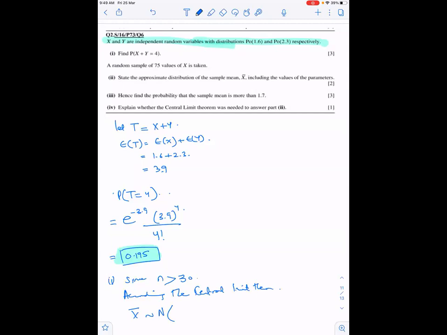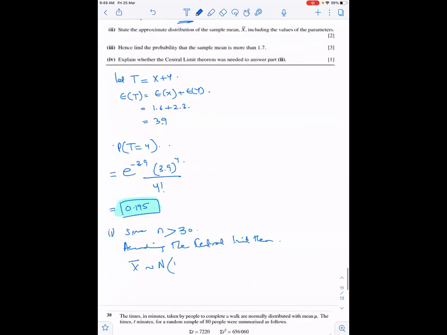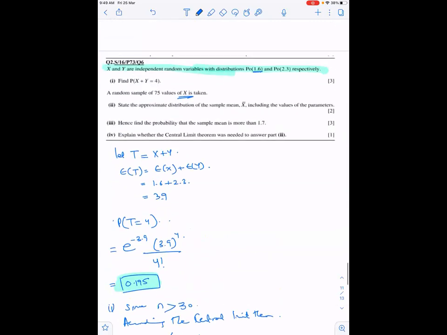If you notice, they're talking about the distribution of x only. So the mean is 1.6, and the variance of a Poisson distribution is the same as the mean. So 1.6 divided by the sample size, which in this case is 75.